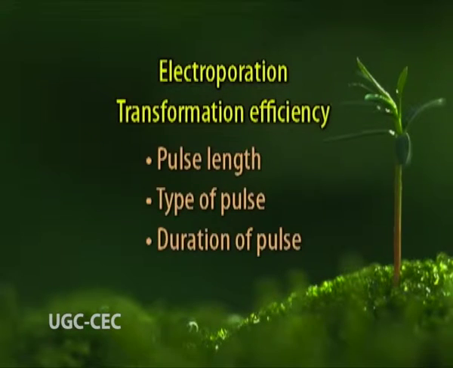The membrane then reseals quickly and transient or stable expression can be achieved. It has been shown that the pulse length, the type of pulse and duration of the pulse have a strong effect on transformation efficiency.